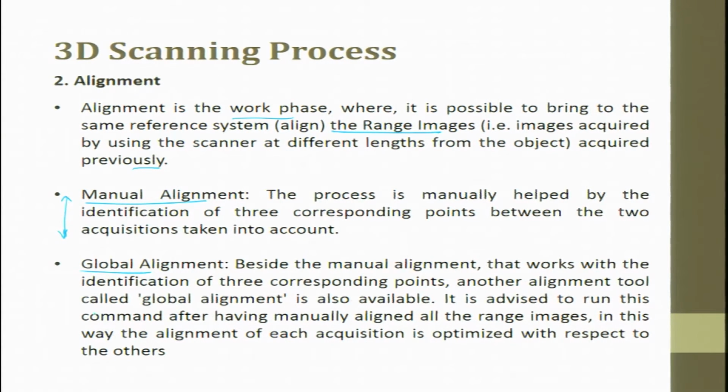Another alignment tool called global alignment is also available. It is advised to run this command after having manually aligned all the range images. This way the alignment of each acquisition is optimized with respect to each other.